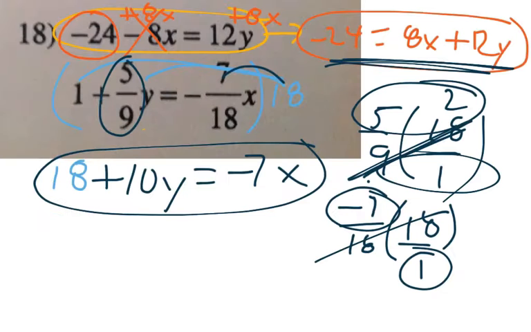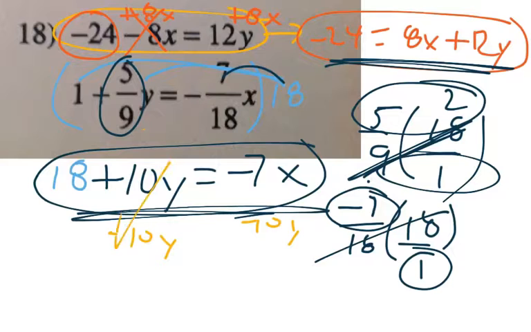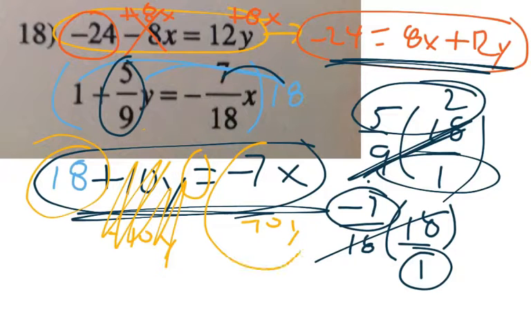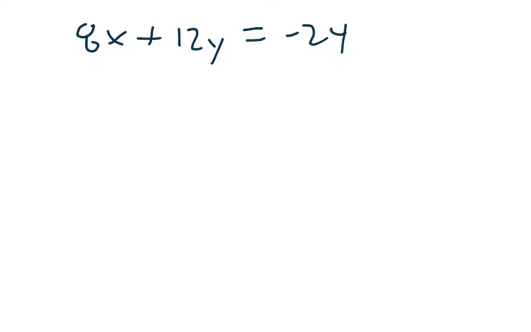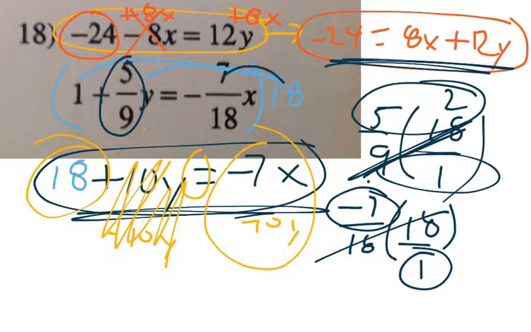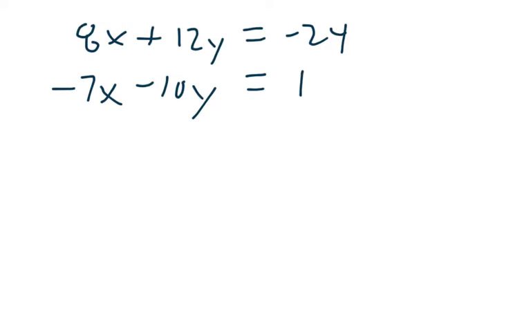Now, what about the second equation here? I'm going to subtract 10y from both sides. The idea is to get rid of this y here, leaving the number by itself, equal to our x and y's over here. So with a little bit of arrangement, I have negative 7x minus 10y equal to 18.